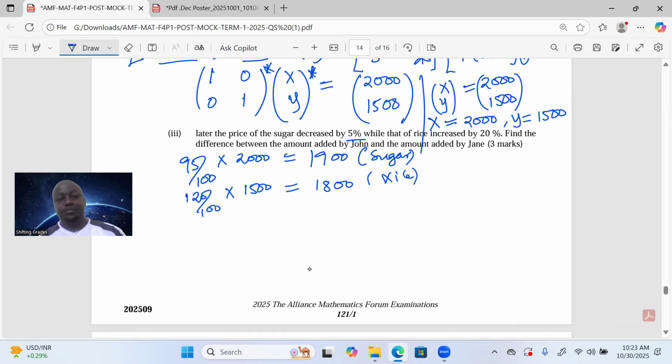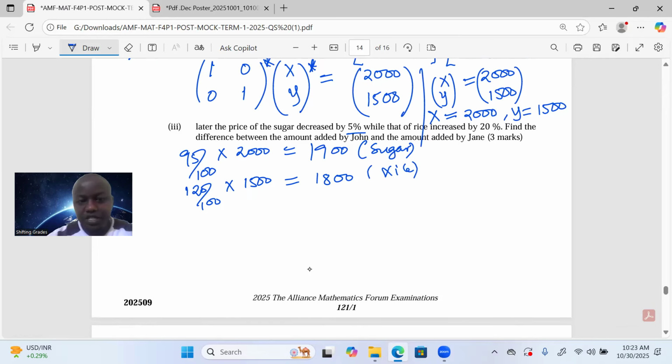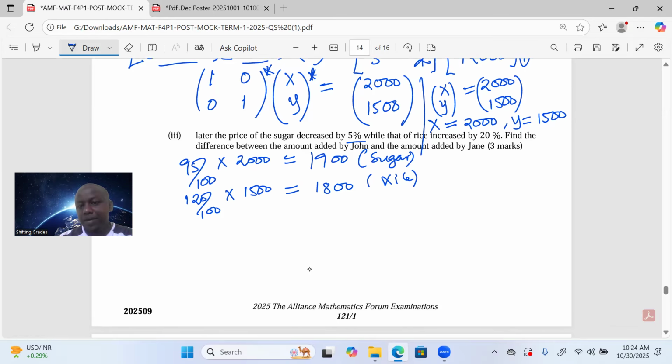So now, with this knowledge, we need to find the difference between the amount added by John and the amount added by Jane.